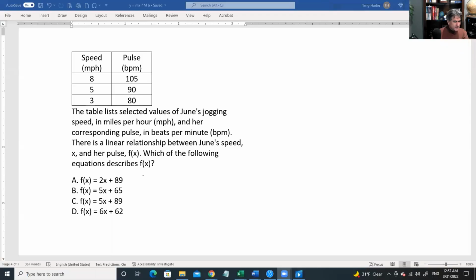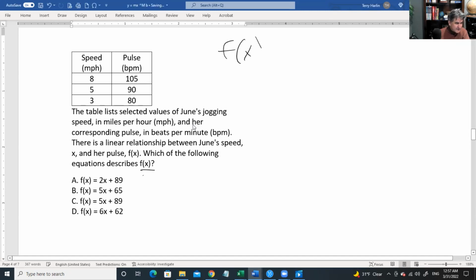All right, in the fourth example here, we have a table, as you can see, with speeds and pulses. And we have a question here. Which of the following equations describes f of x? Okay, what is f of x? Well, f of x, for practical purposes, is a function which we will call y for our purposes, okay?